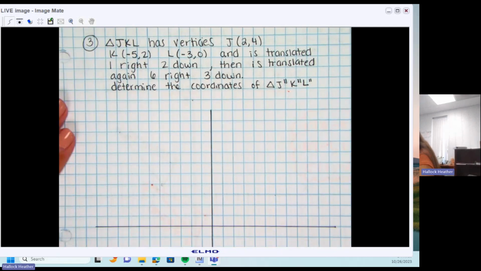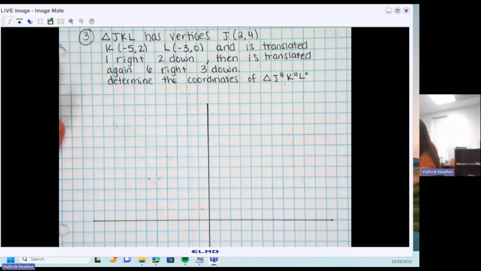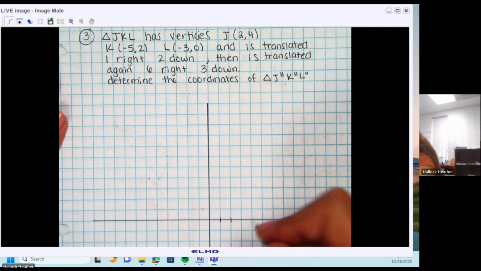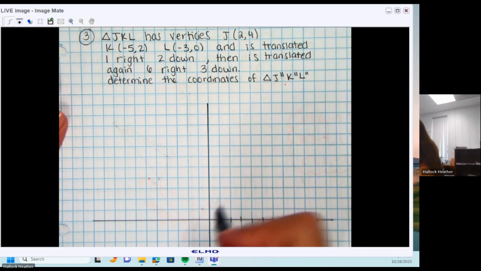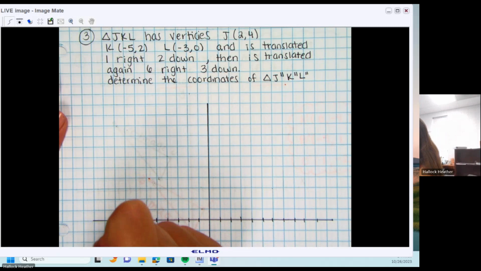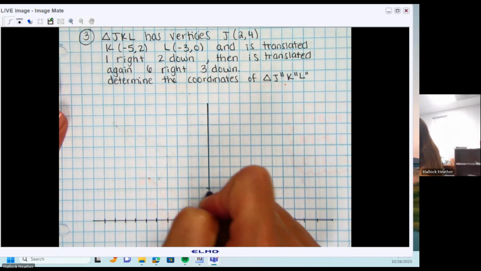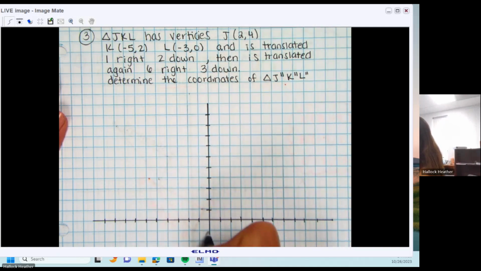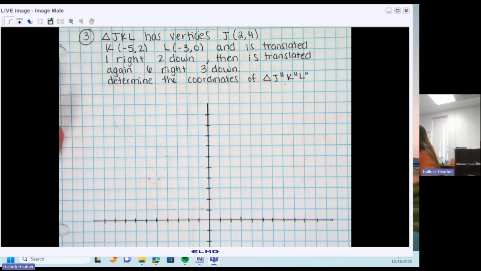Use your protractor, make straight lines, and then draw your little tick marks. And then once you have your graph, you can plot your original triangle.